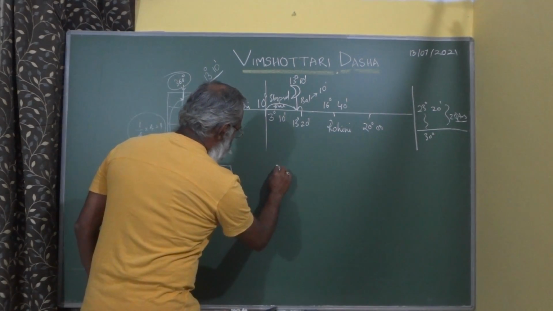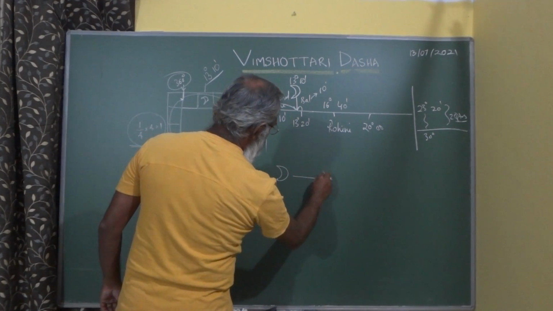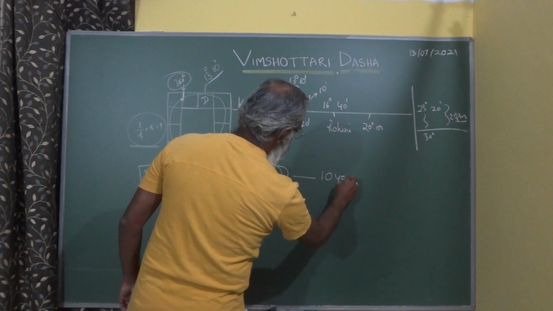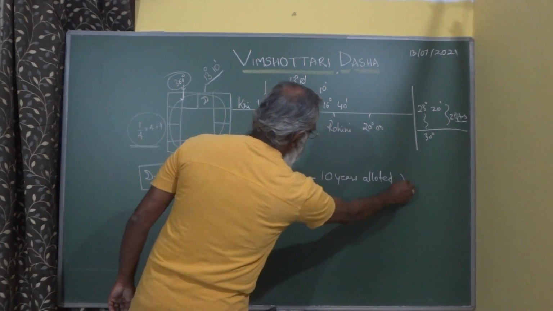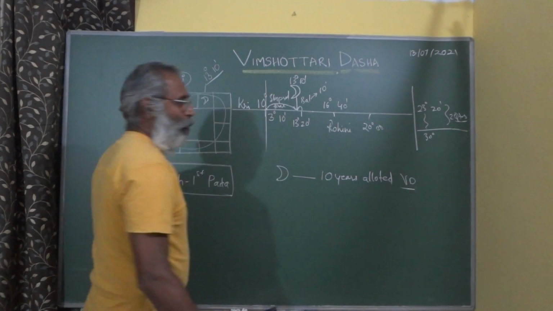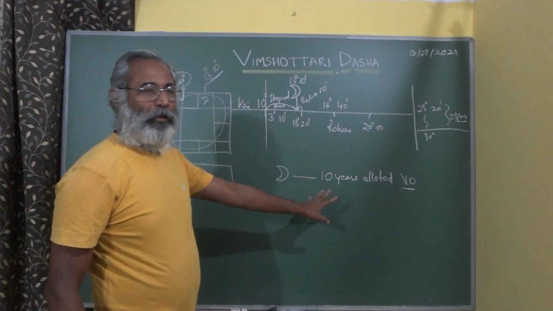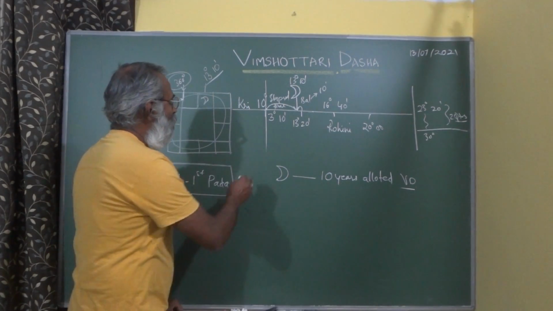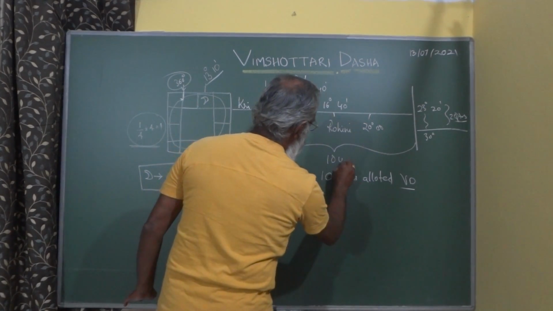See, moon has 10 years allotted in the Vimshottari Dasha. Okay, in the Vimshottari Dasha system, we have 10 years allotted to moon. So that means the whole span is for 10 years.